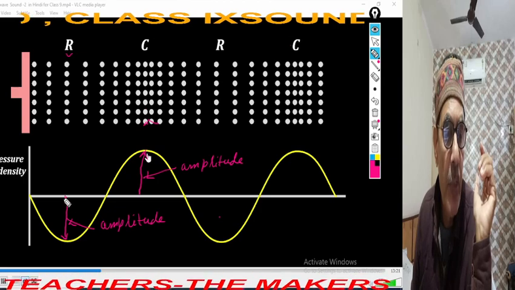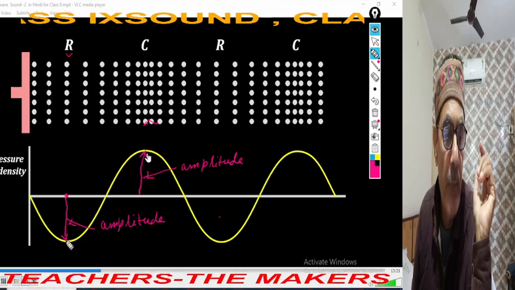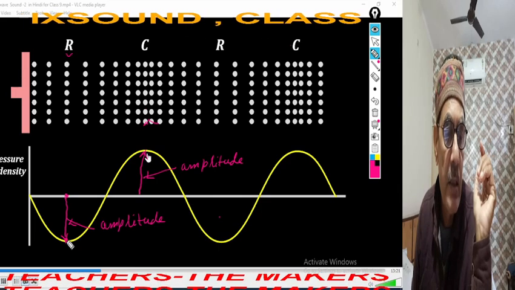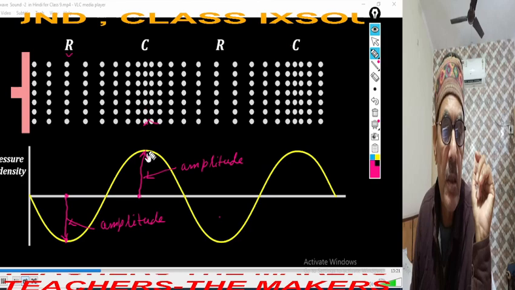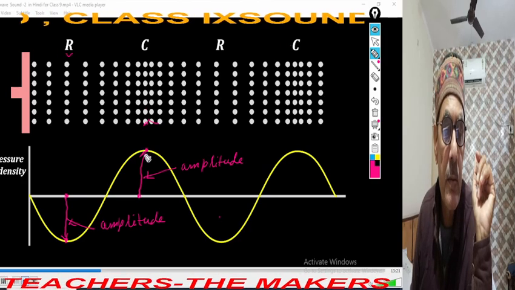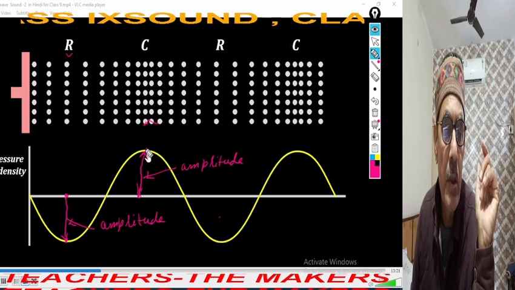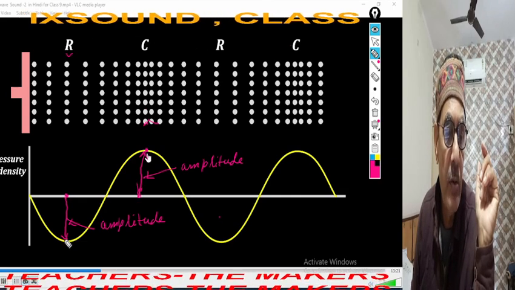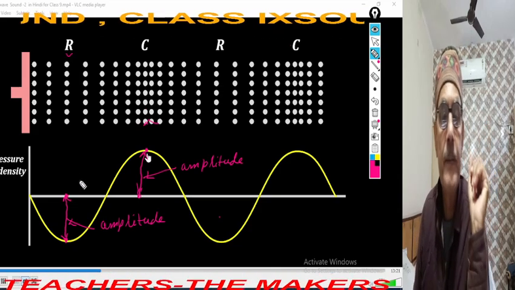Because this is the mean position, and the particle moves here. This is the highest point of the trough, and this is the highest point of the crest. So from here to here, this distance is amplitude. Okay.